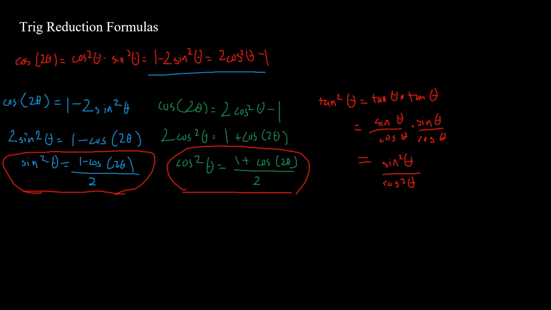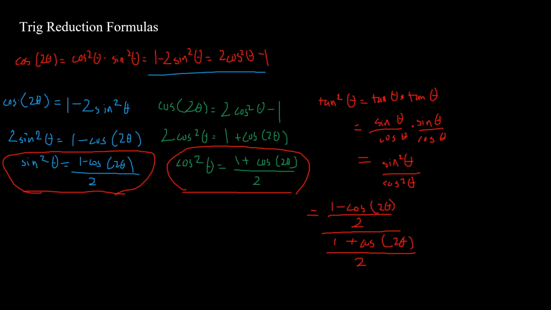So this is also the same as 1 minus cosine 2 theta over 2, over 1 plus cosine 2 theta over 2.